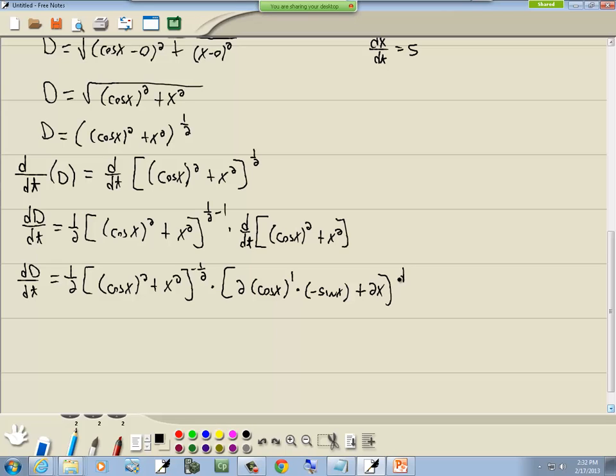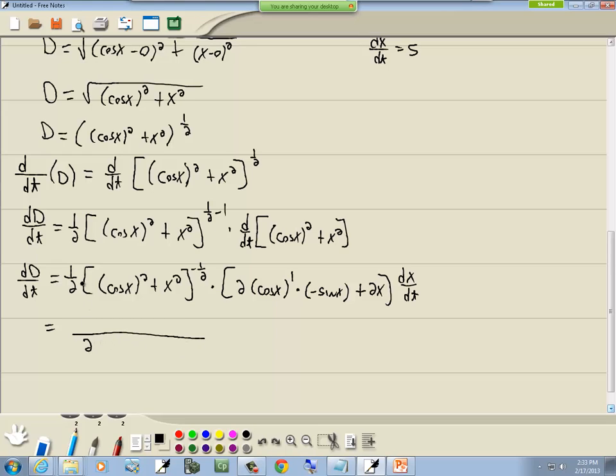Now we have to add on our dx dt here. Some books you'll see will put it on both pieces here, since you got a plus between them. But you could equally just put it to the side like this. Okay, so that gives us, I guess I'll merge these into one fraction.